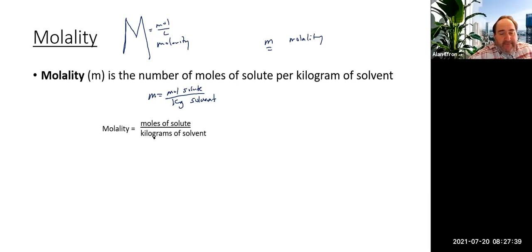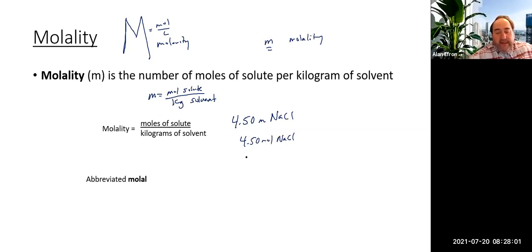In our example, if we have 4.5 molal, which is how it's abbreviated and referred to, like molarity is molar, this is molal, say sodium chloride, that would mean we have 4.50 moles of sodium chloride in a kilogram of solvent.